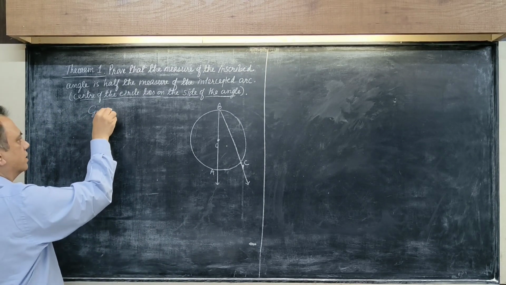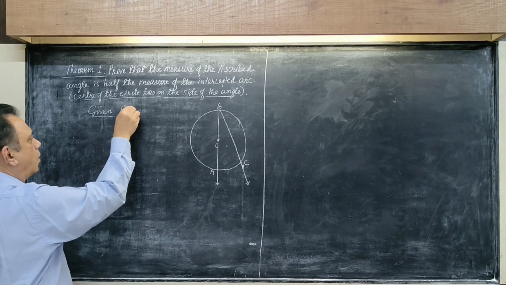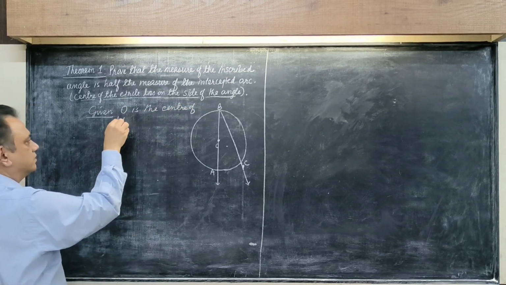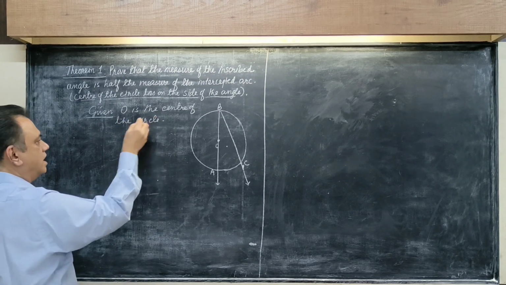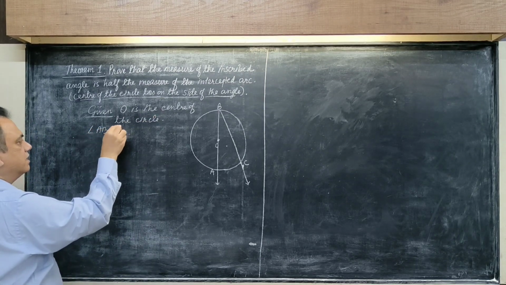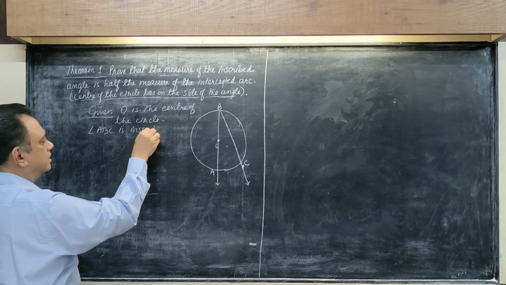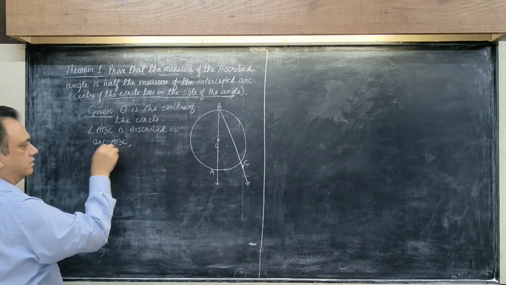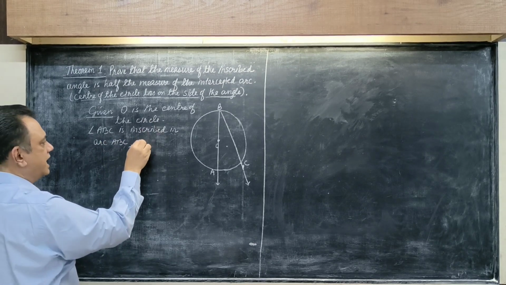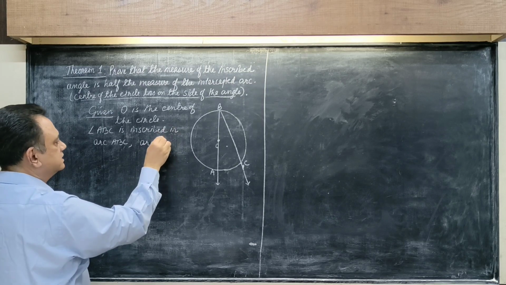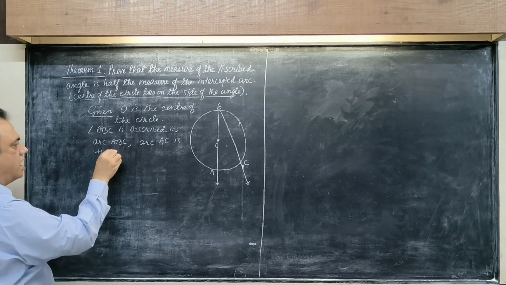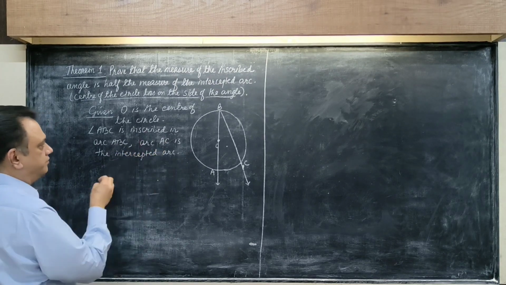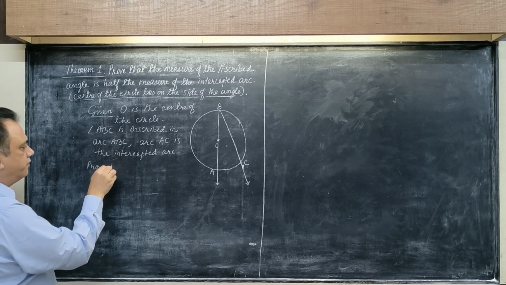I am writing the given. O is the center of the circle. Angle ABC is inscribed in arc ABC. Arc AC is the intercepted arc. What to prove?